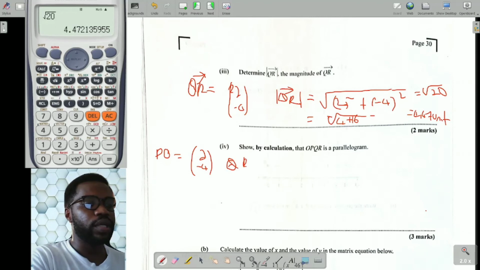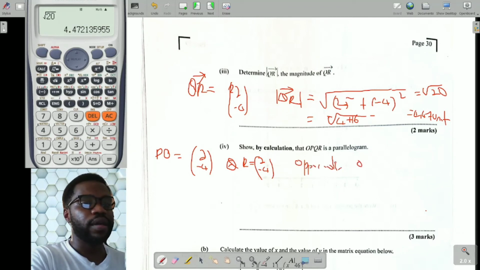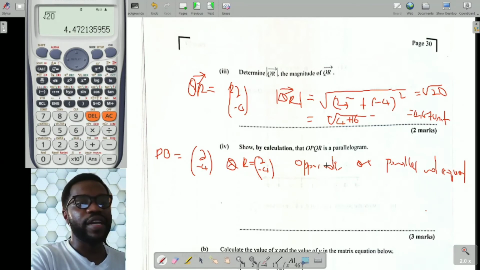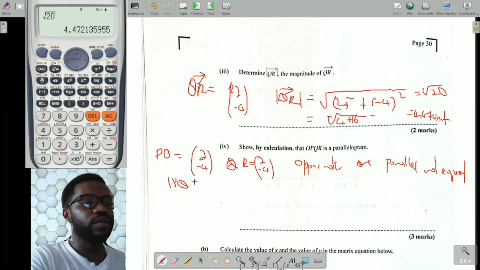QR is equal to 2, negative 4. So right away we have it here that opposite sides are parallel and equal. Now of course, if both sides are the same vector, then there's no need to find the modulus because the modulus will be the same. Mod PQ would naturally be the mod of QR, as PQ is equal to QR.